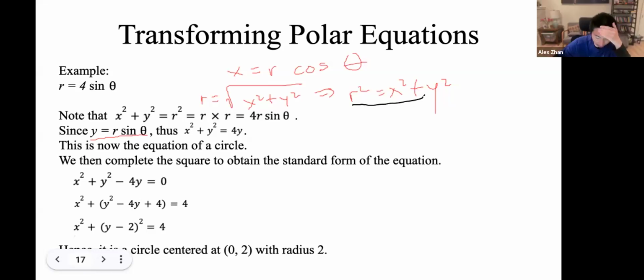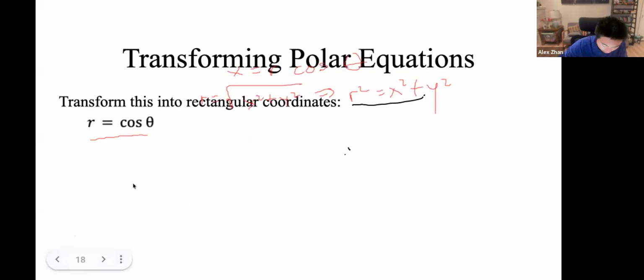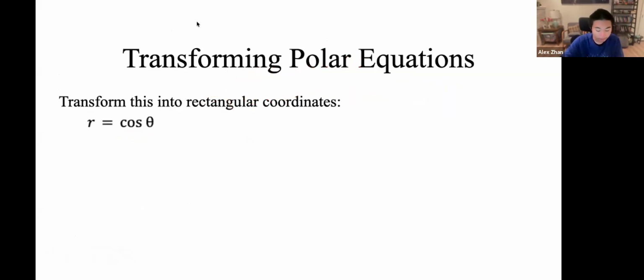Okay, so basically, what you'll then do is you do this and then you can complete the square. Actually, let's move on to the next slide. I hope everyone understands this one, because this is very important to how you'll later be solving equations like this. So try solving this one.